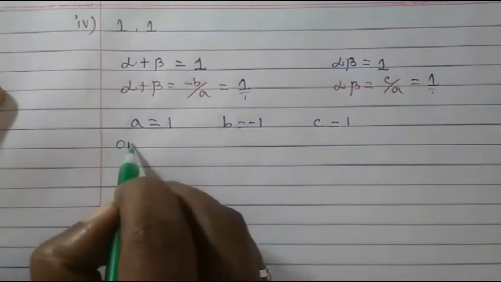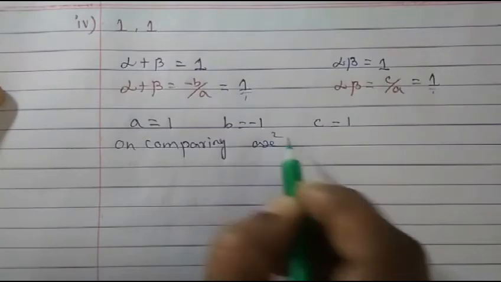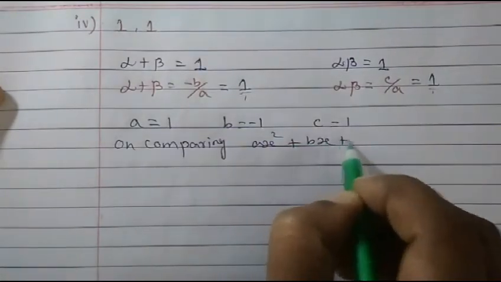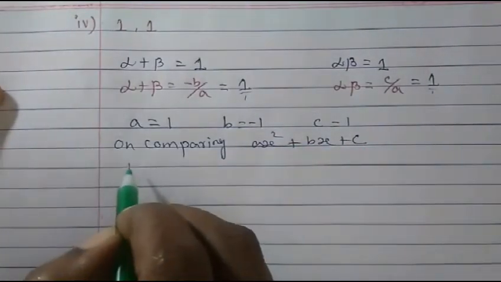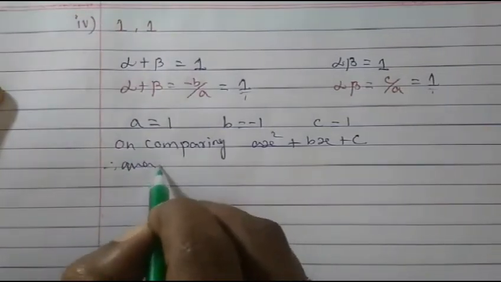So now on comparing with ax square plus bx plus c, we get the quadratic polynomial.